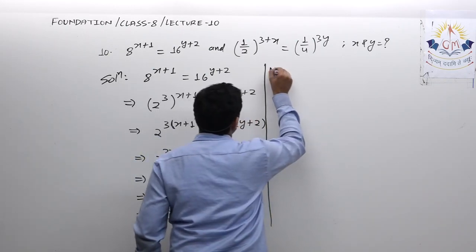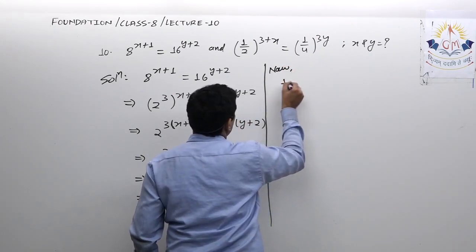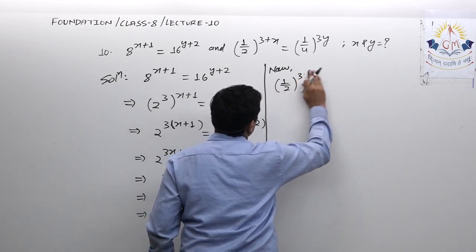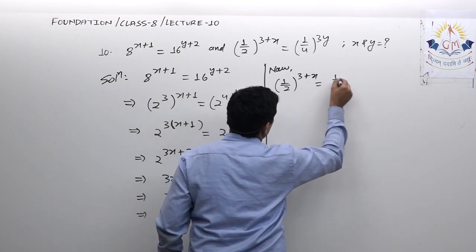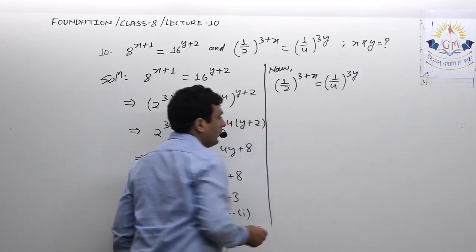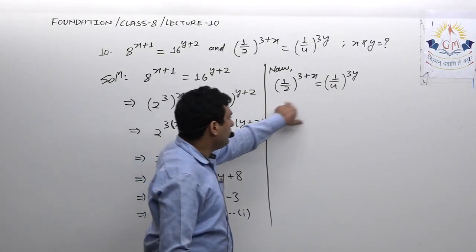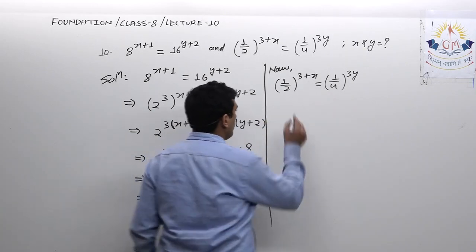So now I have 1 upon 2 raised to 3 plus x is equal to 1 upon 4 raised to 3y. So again I have to make the bases the same. Here it is 1 by 2, here it is 1 by 4, and 1 by 4 is actually 1 by 2 square.